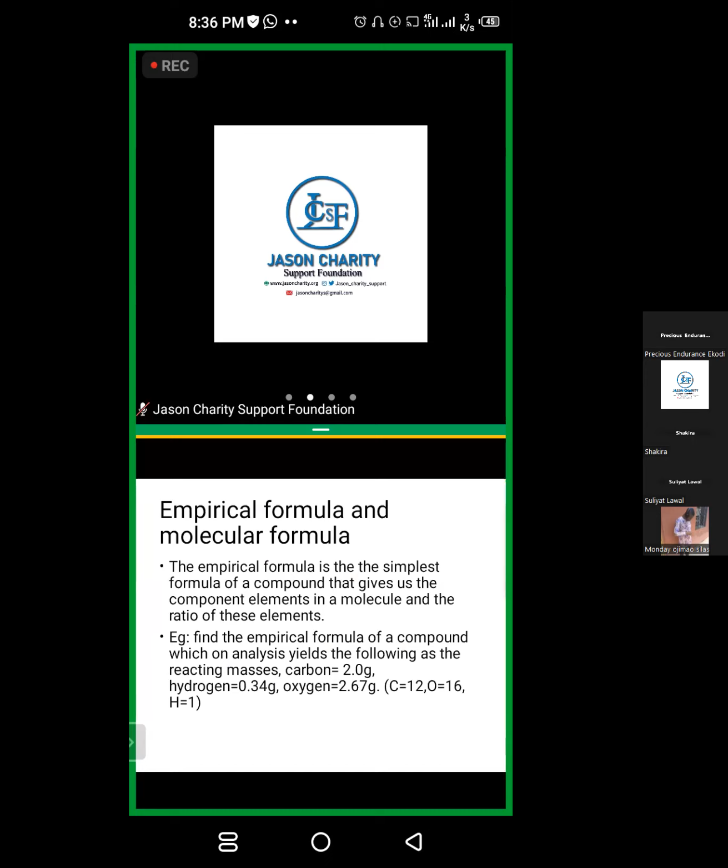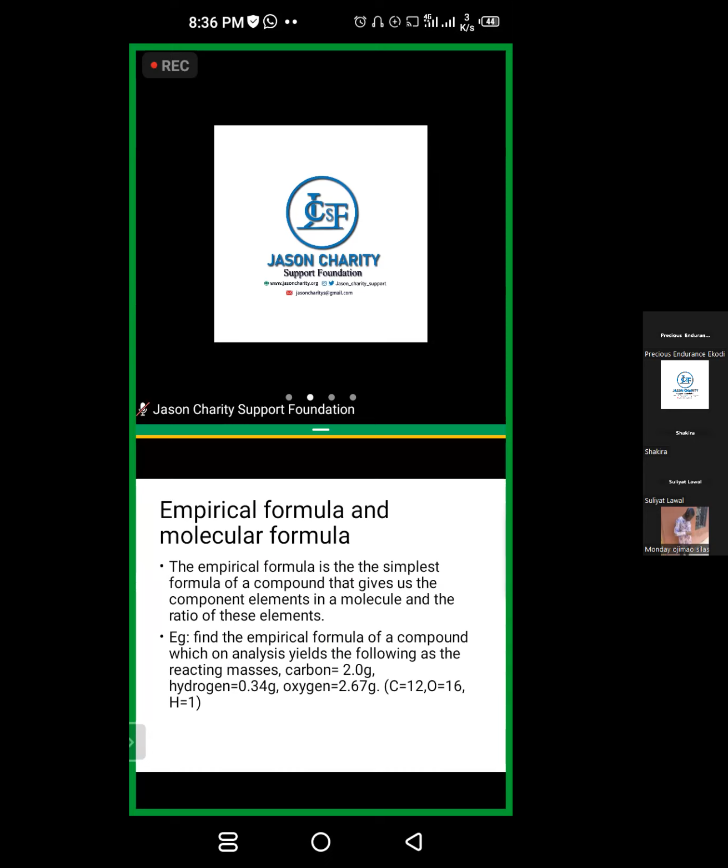We move to another part, which is empirical formula and molecular formula. We did say that percentage by mass gives you the percentage of each element in the compound. But what the empirical formula will do for you is give you an analysis of each of these elements, their ratio, the ratio of each of these elements in the compound.